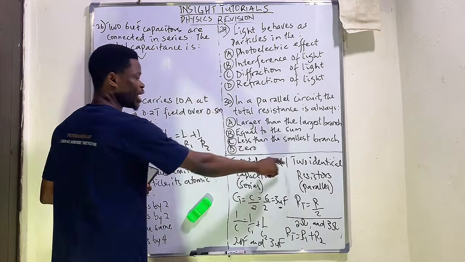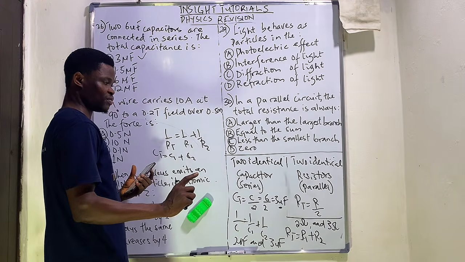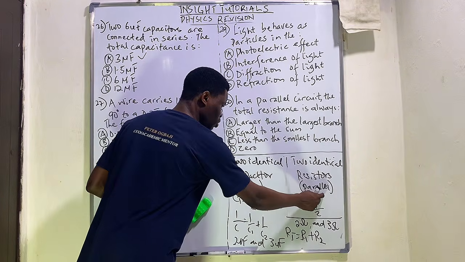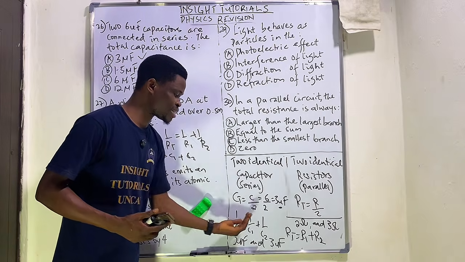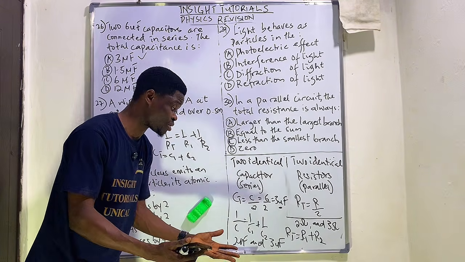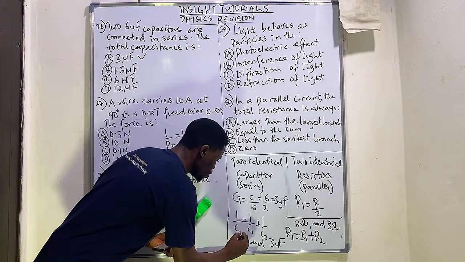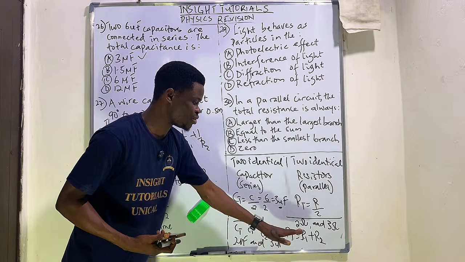But for the 2 identicals, you've seen the difference. This is the difference, but you have to know the application. This has to be in series and this will be in parallel. That's the difference. And then if they're actually in series, but they are dissimilar, they're no longer identical, you simply solve the total capacitance using this formula, and the total resistance using this formula.